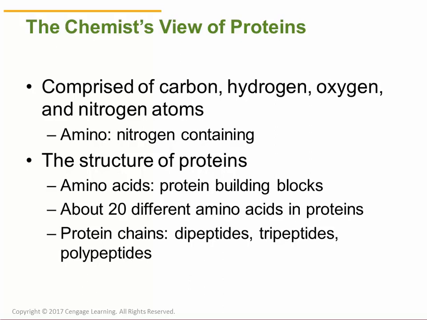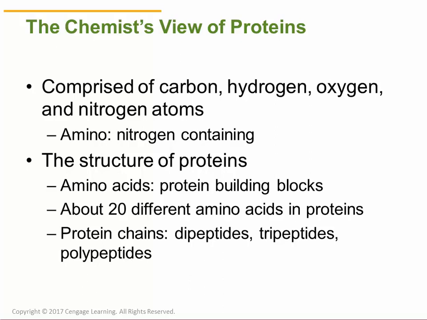Proteins are also comprised of carbon, hydrogen, oxygen, but the difference is they have nitrogen atoms in there. The nitrogen component is what makes it different, and also the other structures with which the carbon, hydrogen and oxygen are placed.